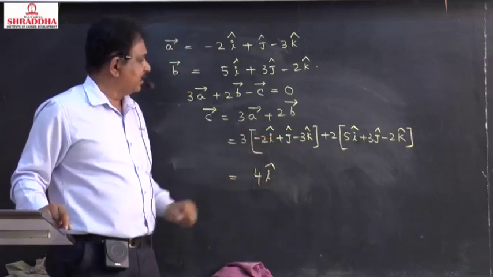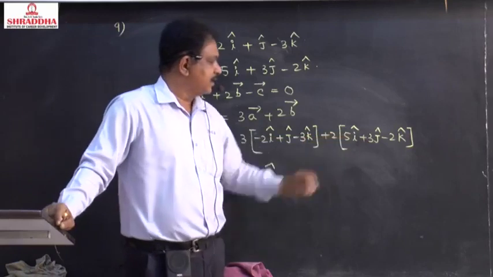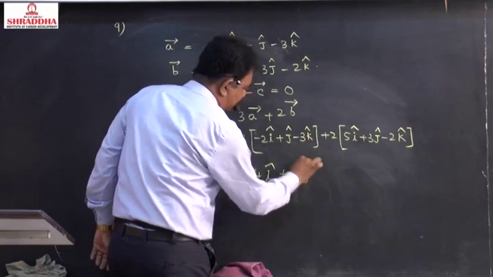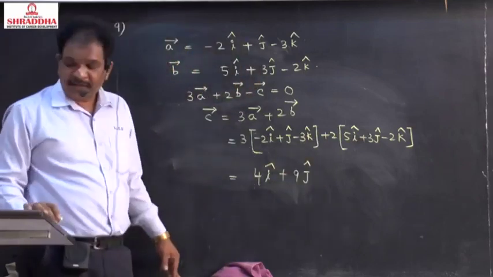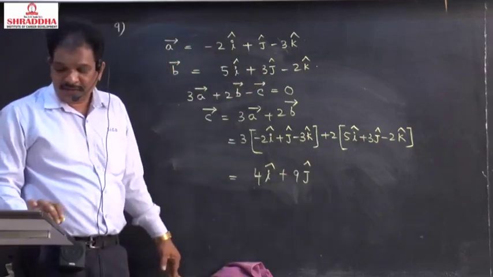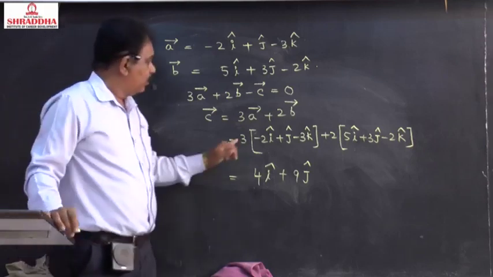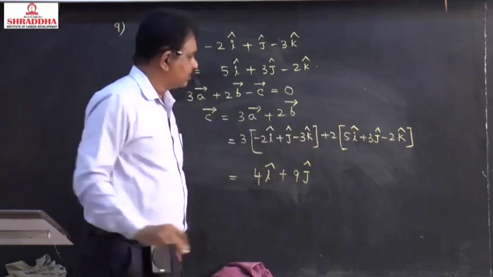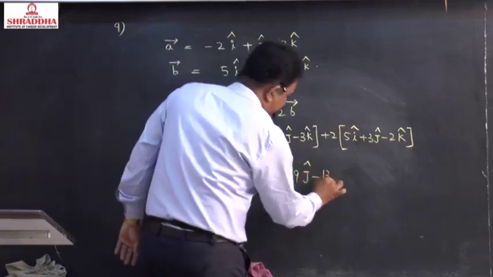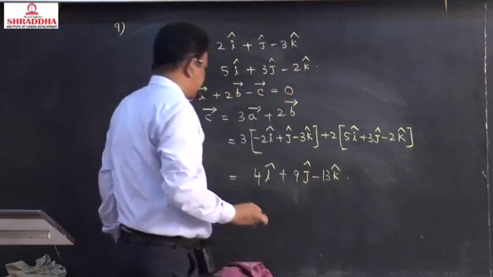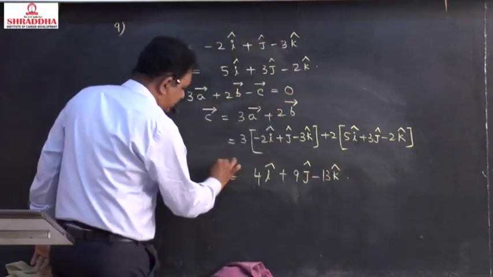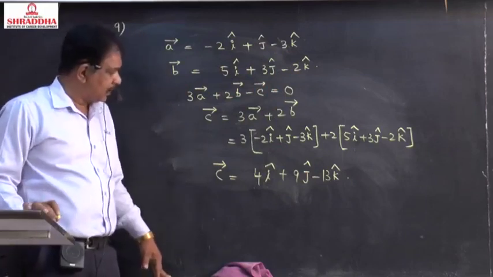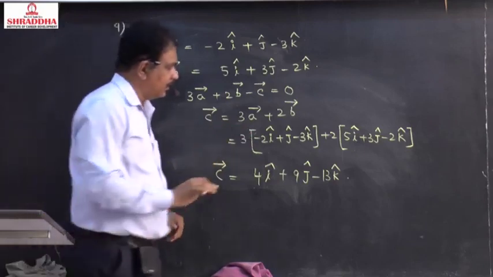This is 3j, this is 6j, so it will be equal to 9j. 3 plus 6 equals 9j. Next, minus 9 and minus 4, so minus 13k cap. So C bar will be 4i cap plus 9j cap minus 13k cap.